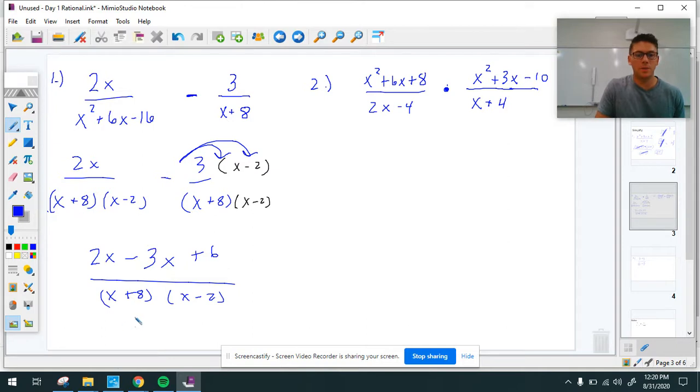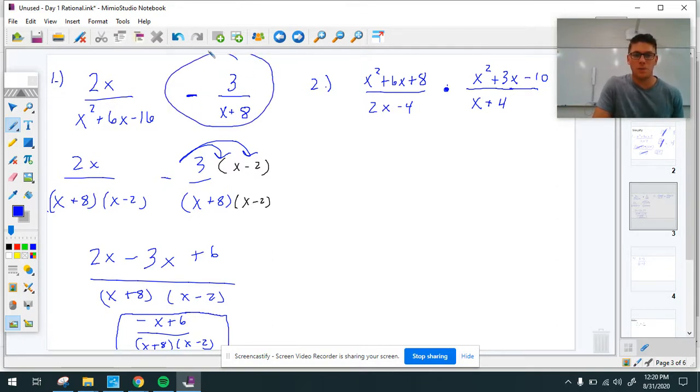Just to simplify a little bit further, -x plus 6 all over x plus 8, x minus 2. So you got to be careful with the negatives here in these problems. This right side is where the most amount of mistakes will come in.